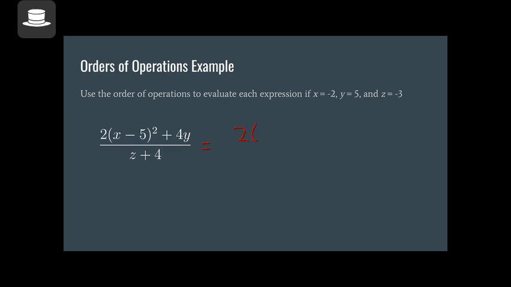So I have 2 times negative 2 minus 5 squared plus 4 times 5, all divided by negative 3 plus 4. Okay, and so what I want you to do now is pause this and attempt this on your own.